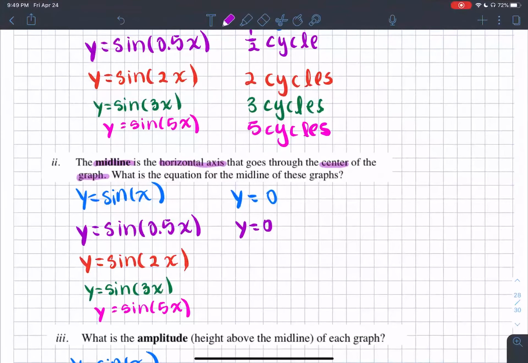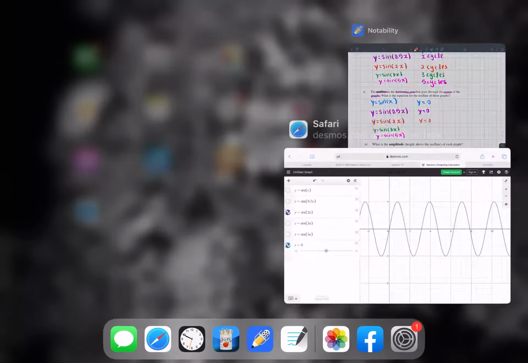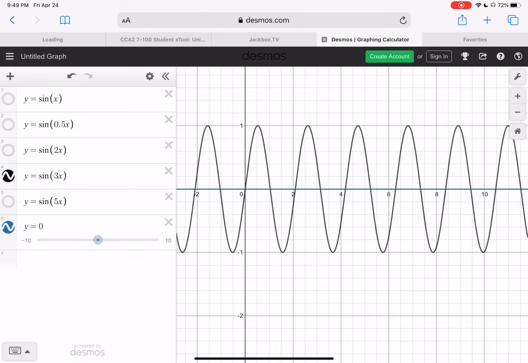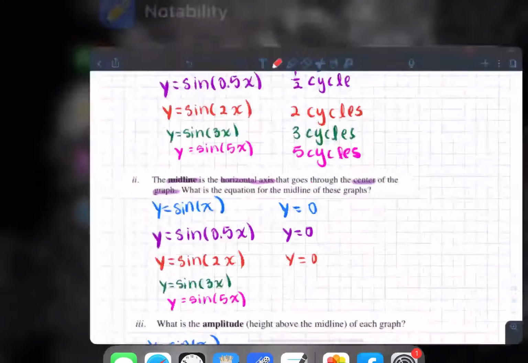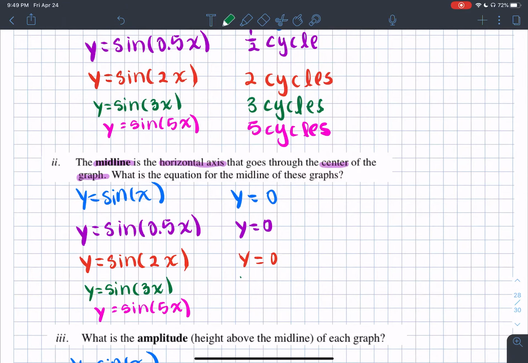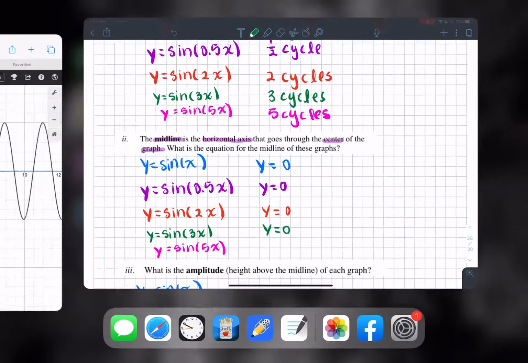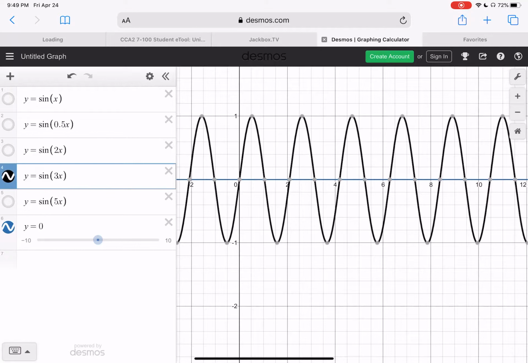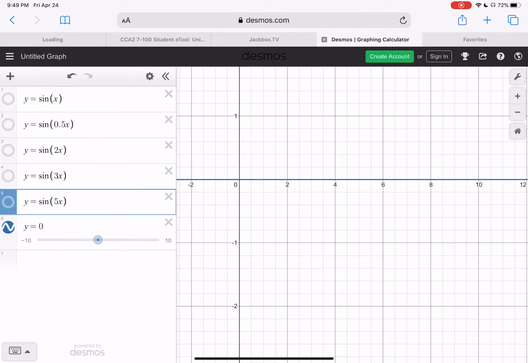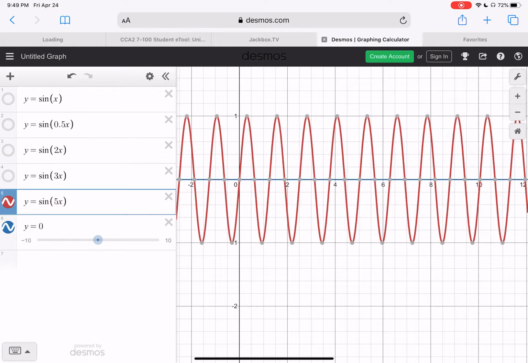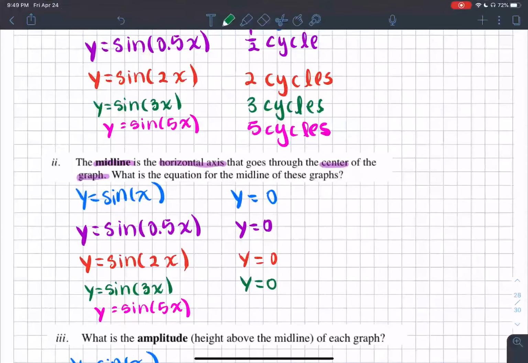That's the middle of the graph. For y equals sine of 3x, again, y equals 0. And for y equals sine of 5x, again, we see that it's y equals 0. That divides it directly in half. So the midline for every single one of these graphs is y equals 0.